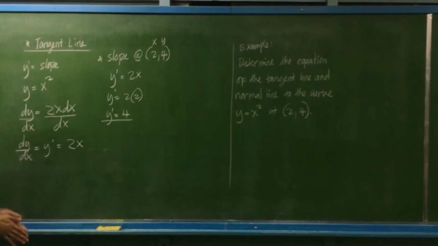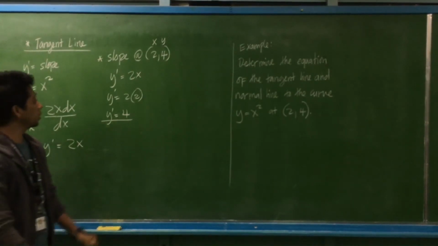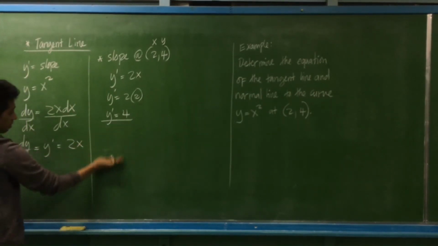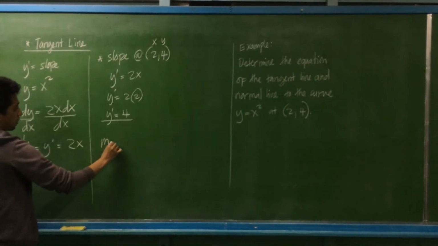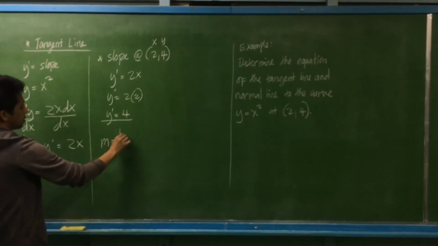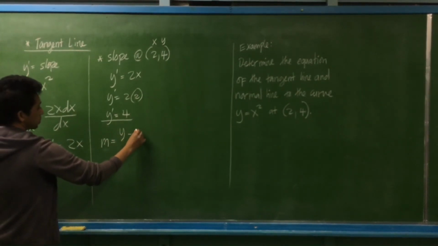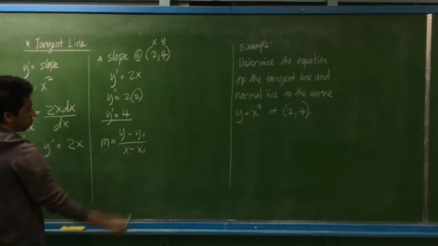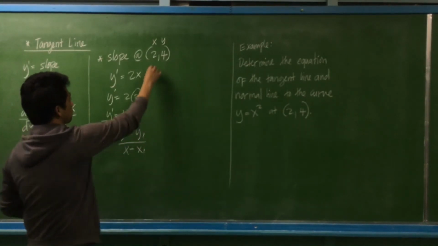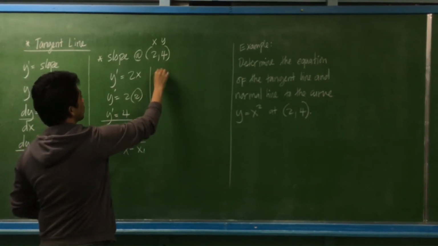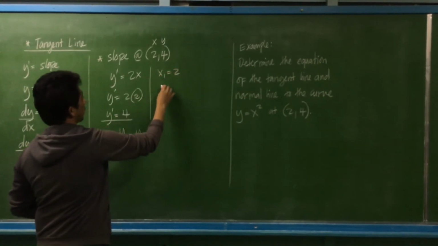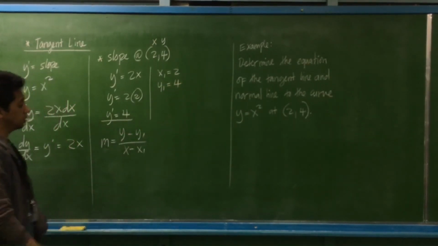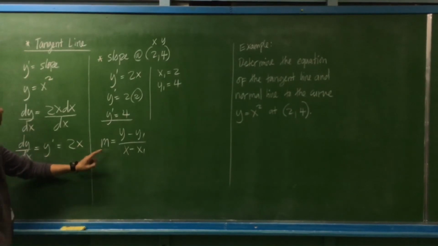So how do we determine the equation? I'll be using the form of slope. The definition of slope is m is equal to y minus y1 divided by x minus x1. From the given point, x1 is equal to 2 and y1 is 4.